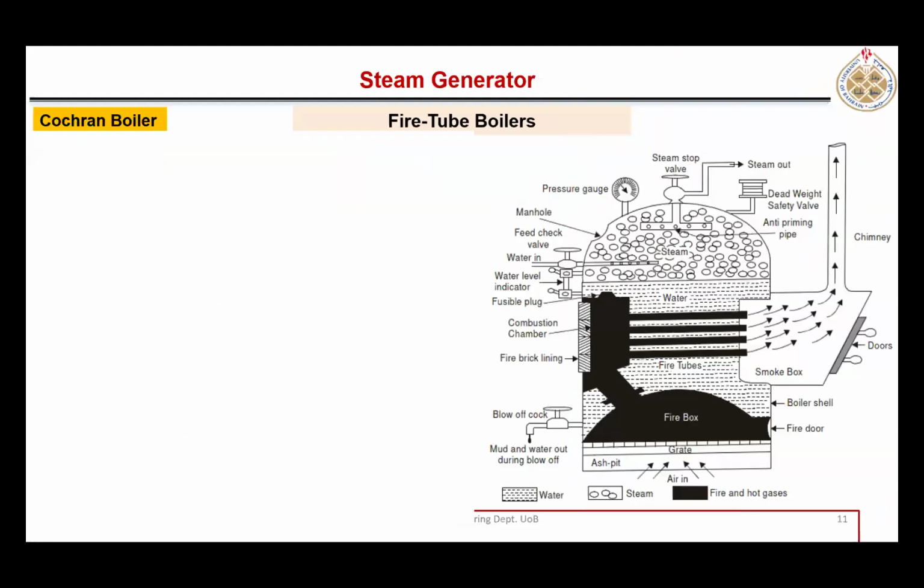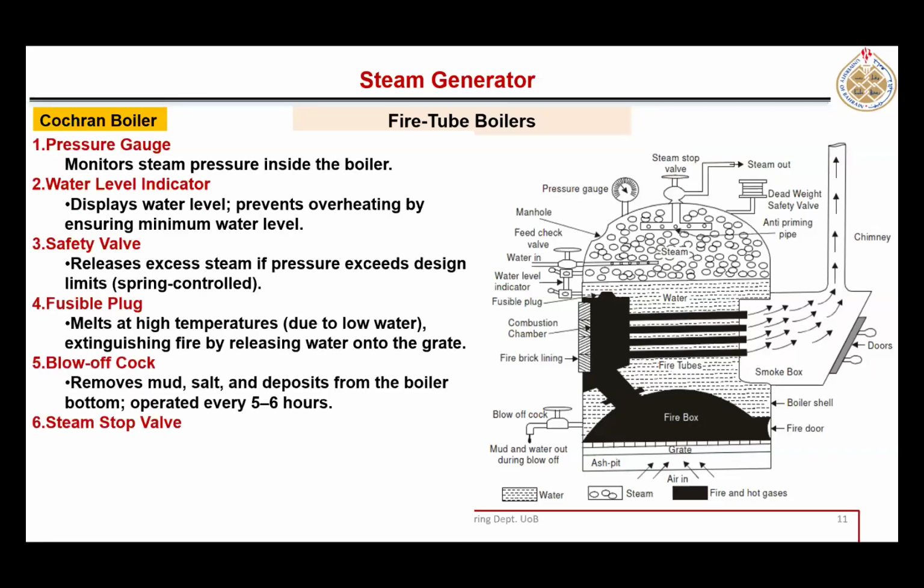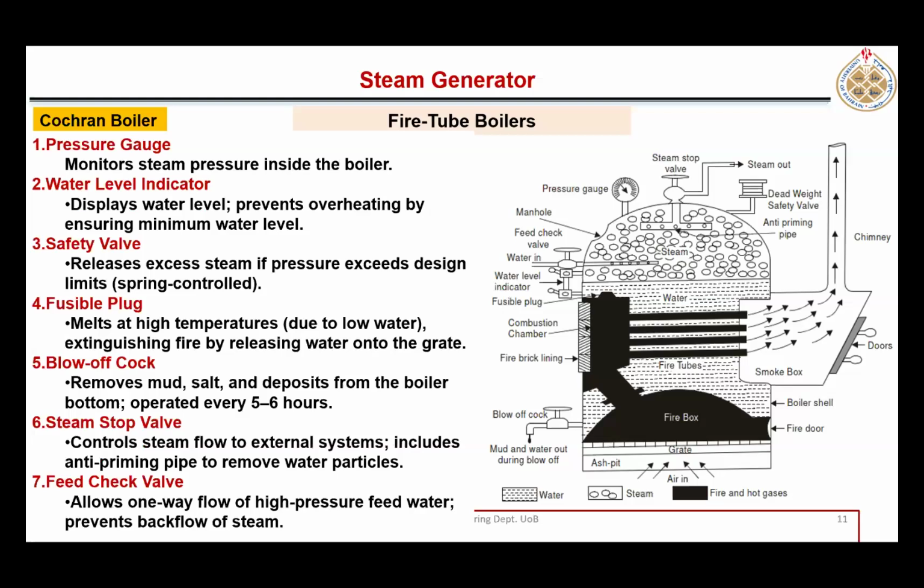Let's see another one. All these definitions are also here. Maybe I missed this one. This is a fusible plug here. It melts at high temperatures if the water is low. If the water quantity is low and the temperature becomes very high, it melts. It is made up of a material which will melt.